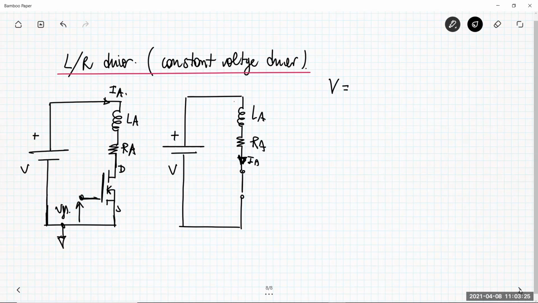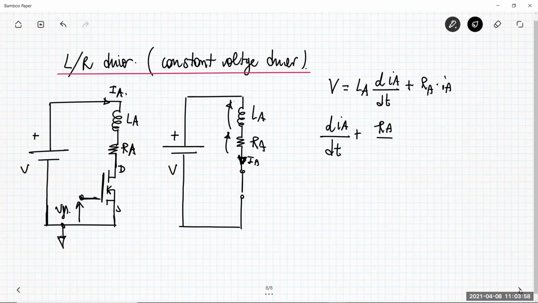The voltage V is the summation of the voltage across this inductance, which is LA dIA over dt, plus the voltage drop across this resistance, which is RA multiplied by IA. With some simple manipulation: dIA over dt plus RA over LA times IA is V over LA.